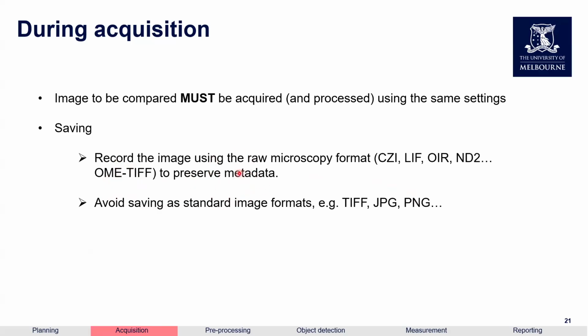Metadata is really important for quantification. And we should avoid saving as a standard image format such as TIFF, JPEG, and PNG. You can save or export your data from the raw microscopy formats, but once it's converted, you will lose the metadata, which can be quite crucial in your quantifications.